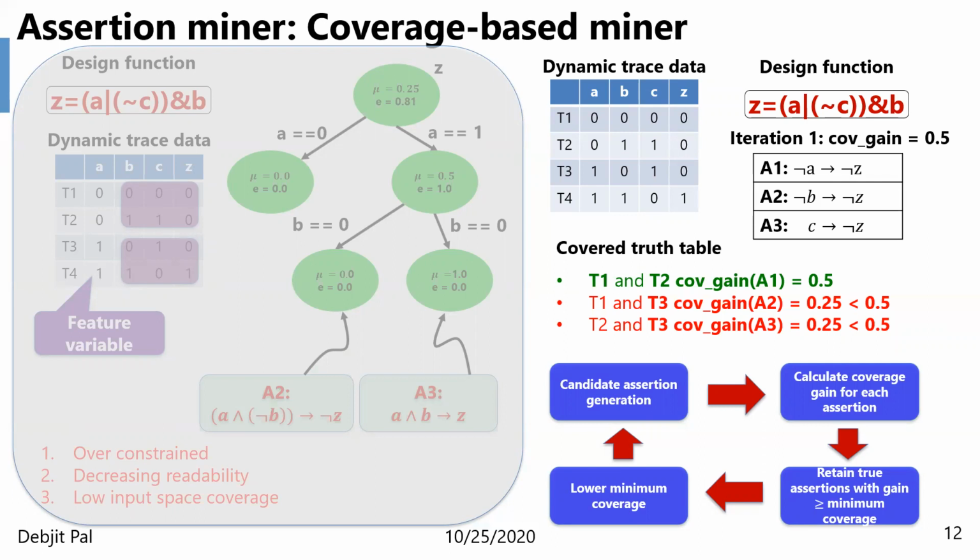Otherwise, we discard it, and we reduce the gain, or the minimum input space coverage that is needed by an assertion, for the next iteration. This process continues until the entire input space coverage as given by the dynamic trace tracer is covered, or we reach a minimum value of input space coverage.